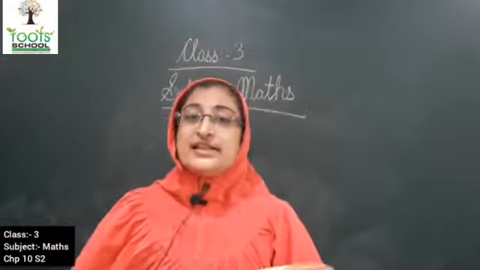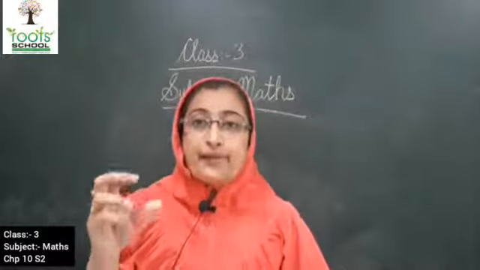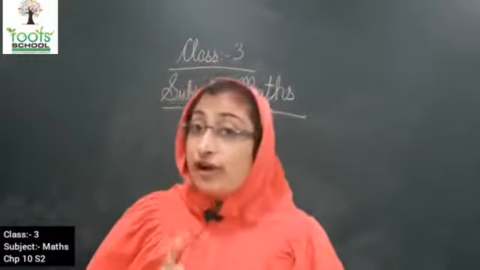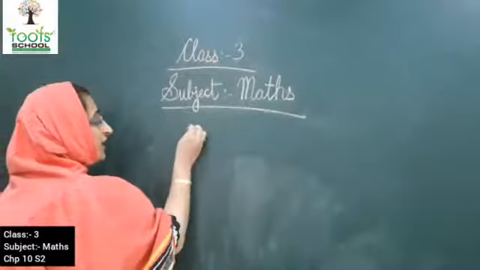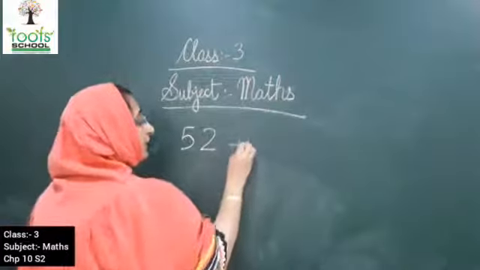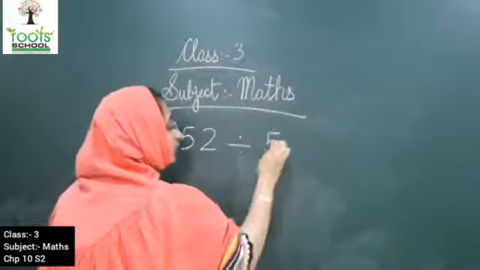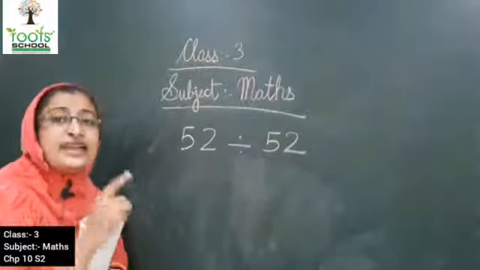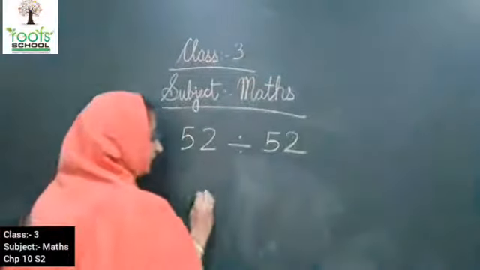First property is that any number divided by itself. For example kids, if I say number 52 divided by 52. Here the divisor is the same and the dividend is also the same.